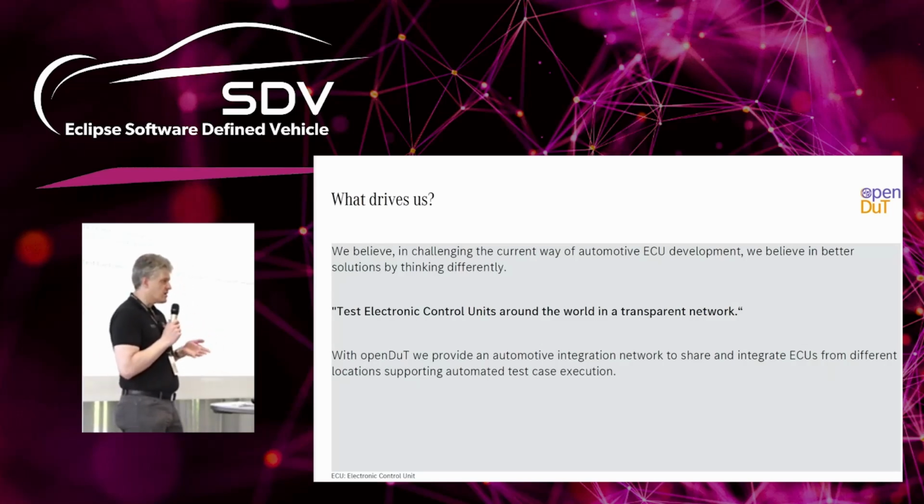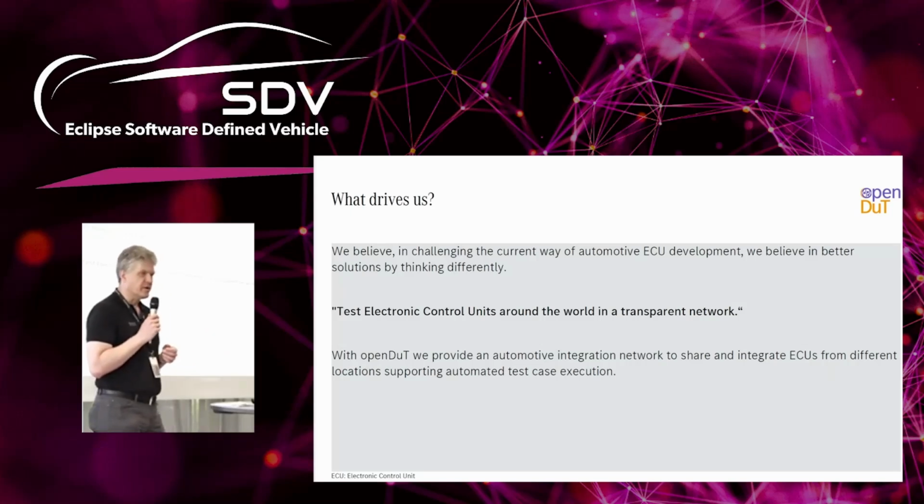So we are thinking, we need to challenge the way how we develop and test automotive ECUs and software for those ECUs by always challenging the way we do it, by thinking differently. And the idea came out, yes, we want to test ECUs around the world in a transparent network, bring them all together in a network.